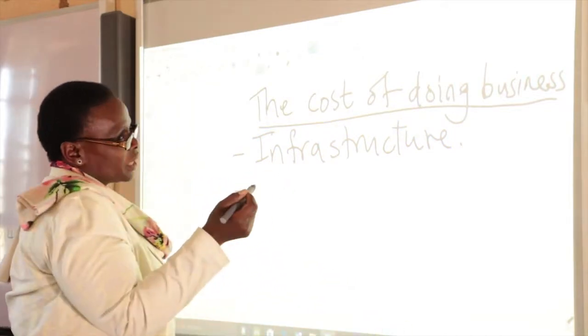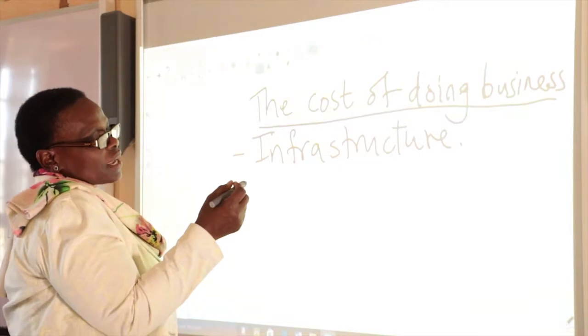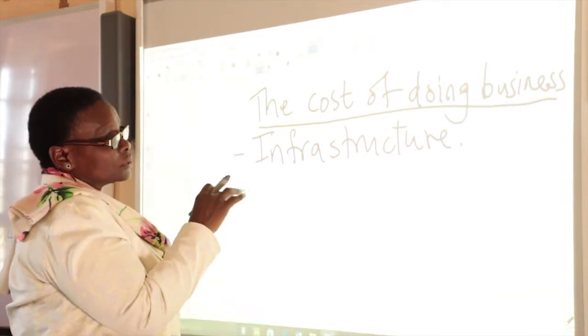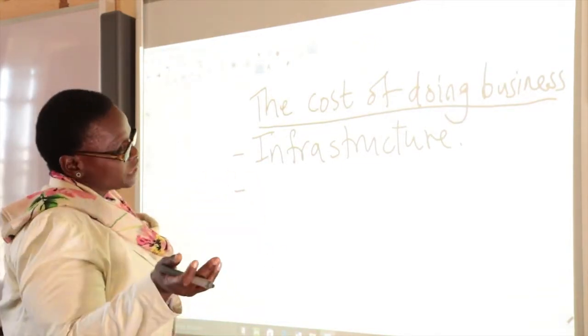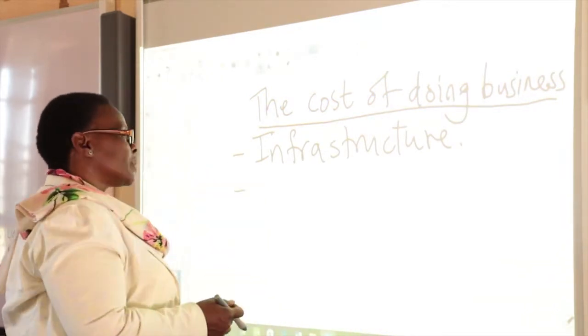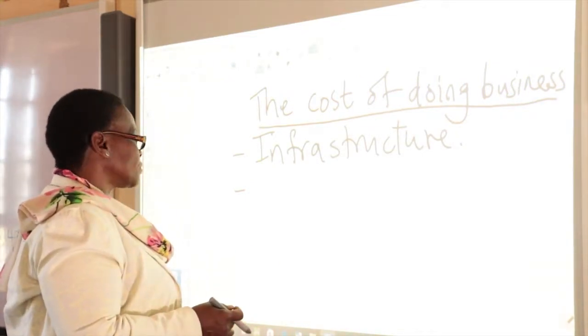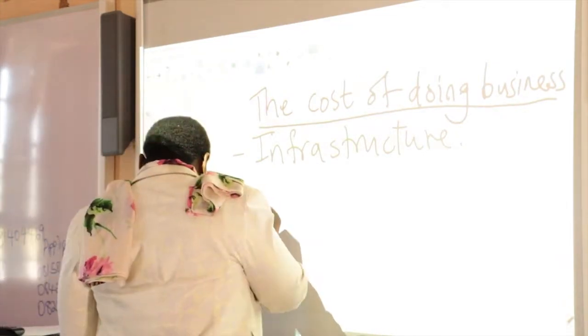Now you can see, if there is load shedding, what happens? There is a cost involved there, because during load shedding, no goods and services are produced, which would lead to a reduction in the supply or the production of goods and services.